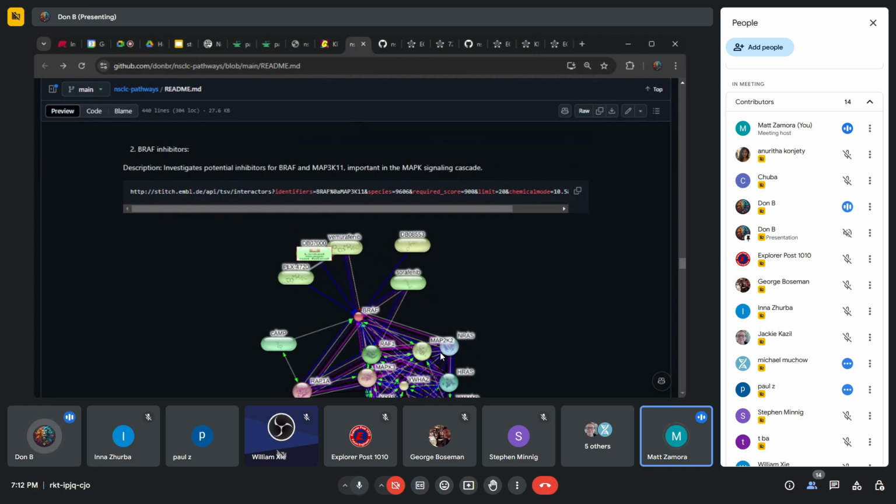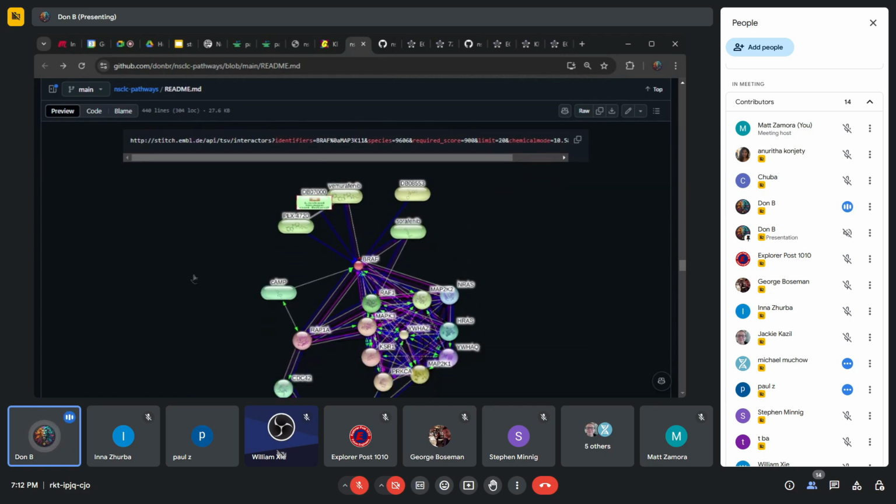I think that's part of it, but it goes to the value of STITCH and STRING, the expert knowledge it brought in regarding MAP3K11 being an upstream inhibitor in a signaling cascade that would also inhibit BRAF activity when it's active.